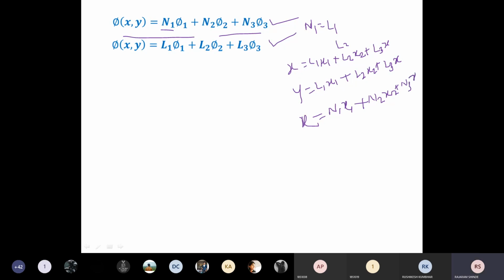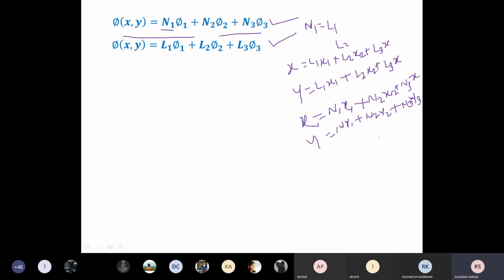See here, this is the same as the one dimensional element, just an extension of the one dimensional element, and y is equal to N1 y1 plus N2 y2 plus N3 y3.